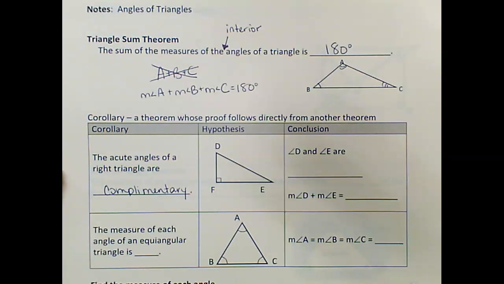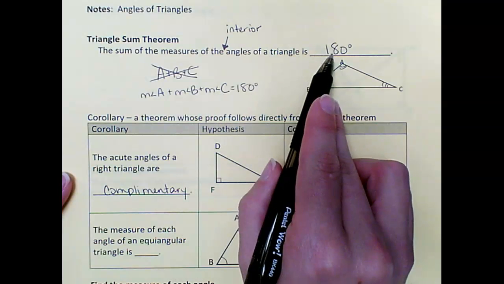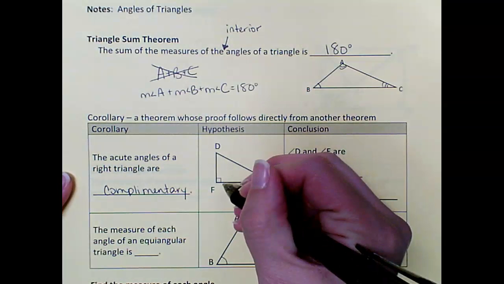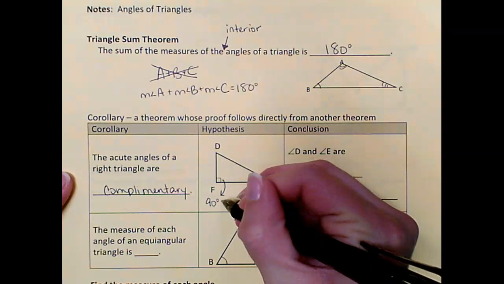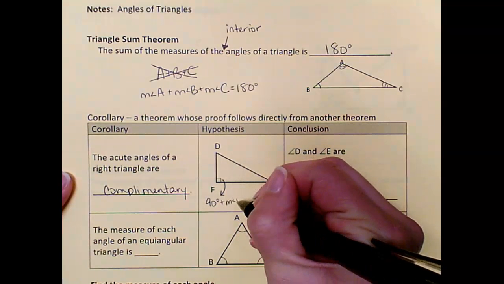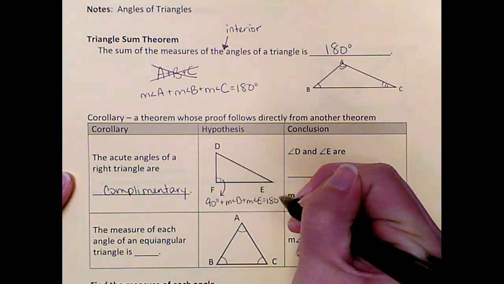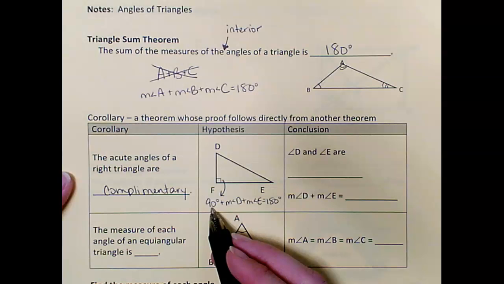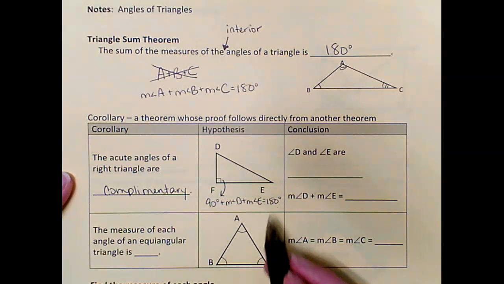And here's the reason behind it. We know that the sum of the measures of the interior angles of a triangle is 180 degrees. So that means that this measure, which is 90 degrees, plus the measure of angle D, plus the measure of angle E, has to equal 180 degrees. Well, if I subtract this 90 degrees from both sides, I'm going to get that this sum has to equal 90 degrees.